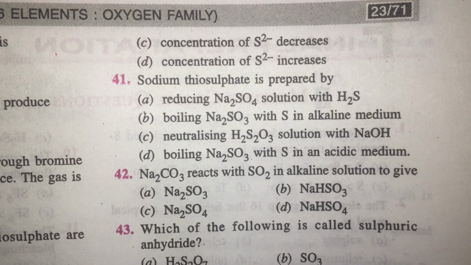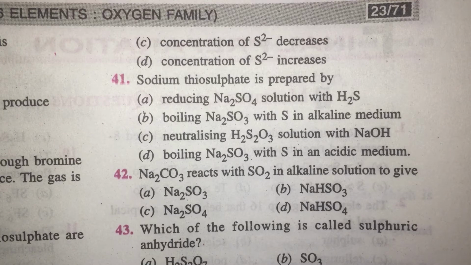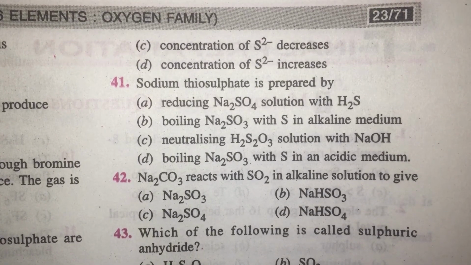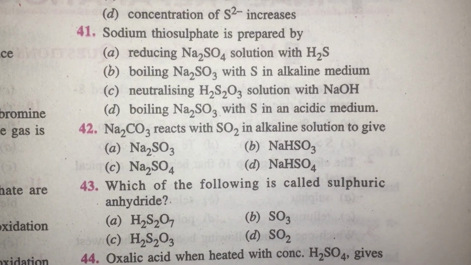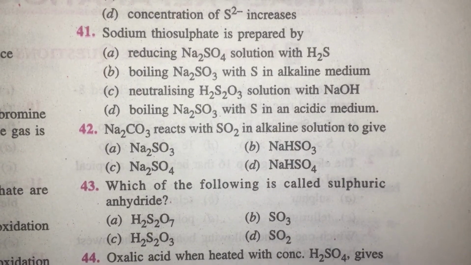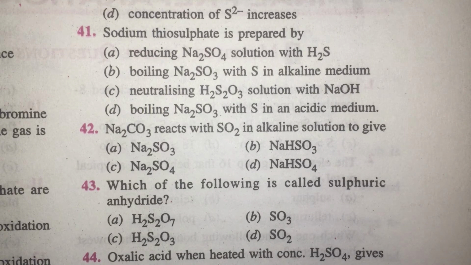Sodium thiosulfate can be prepared by boiling sodium sulfite Na2SO3 with sulfur. This is another method: Na2CO3 reacts with sulfur dioxide in alkaline medium to give Na2SO3.